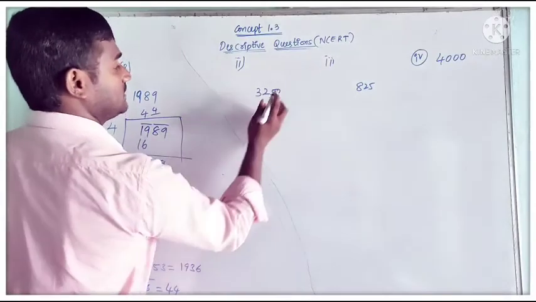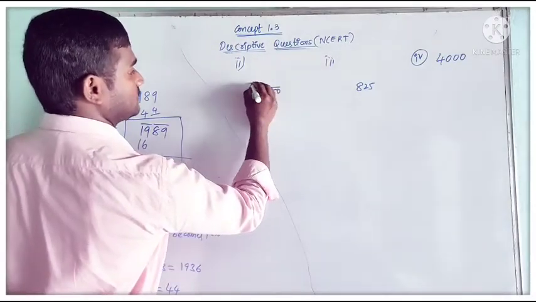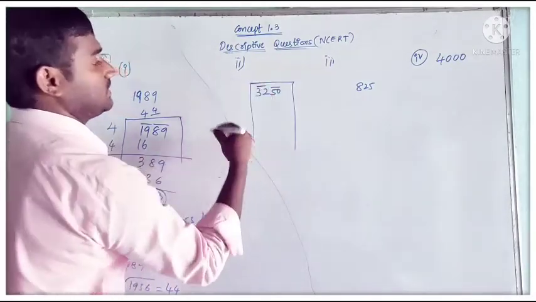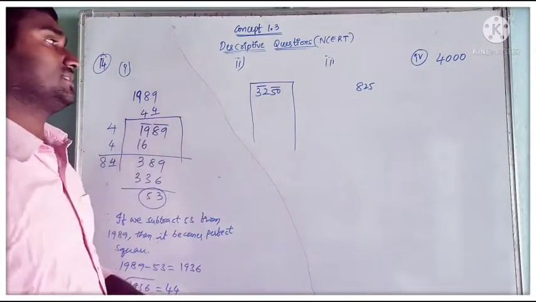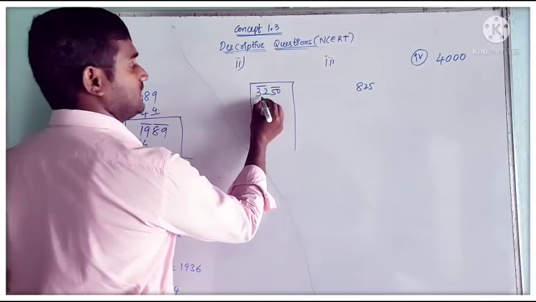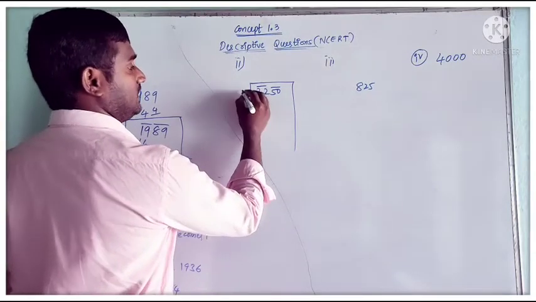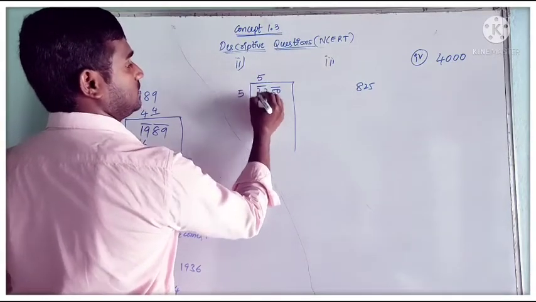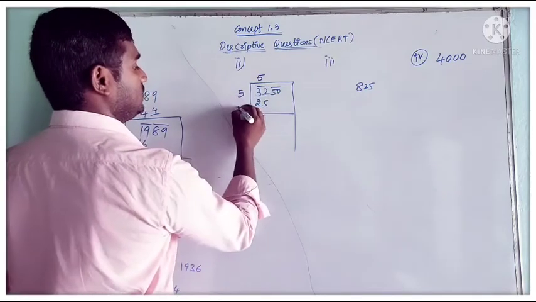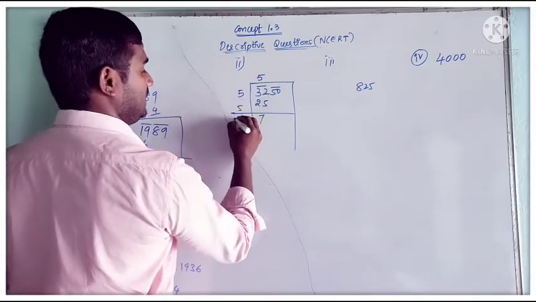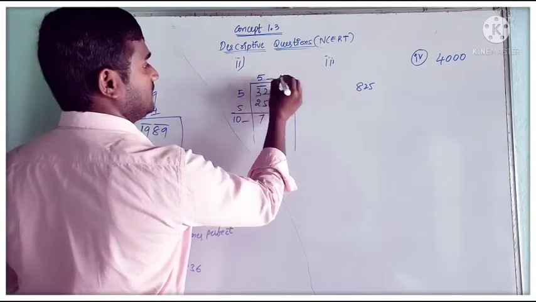Next question, 3250. It is not a perfect square; this number is greater than the required perfect square. The nearest perfect square is 25, 5 into 5. Next 7 comes down. Add 5 plus 5 is 10. Here one digit will come, here one digit will come.